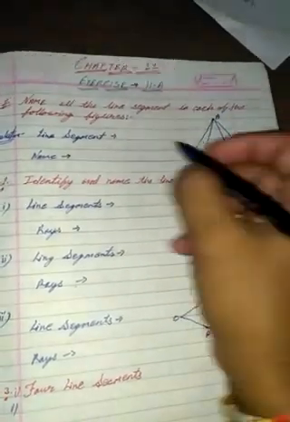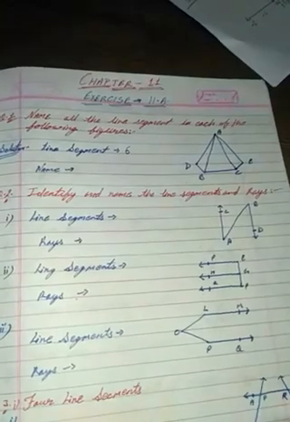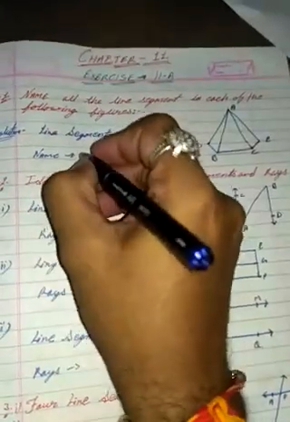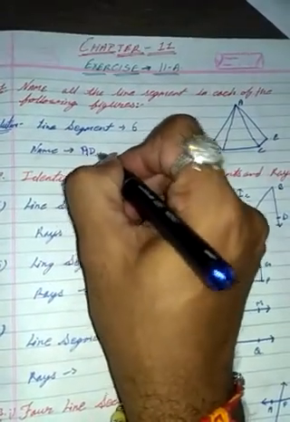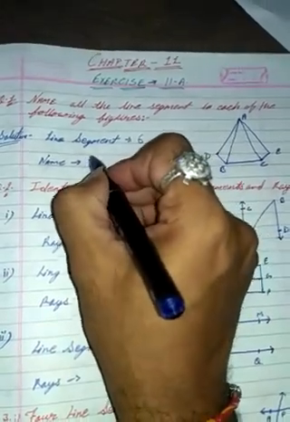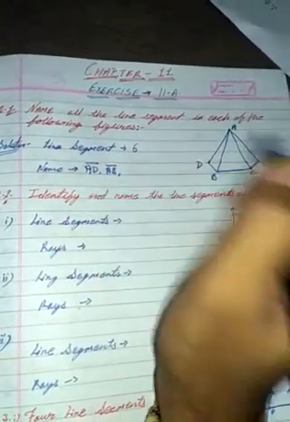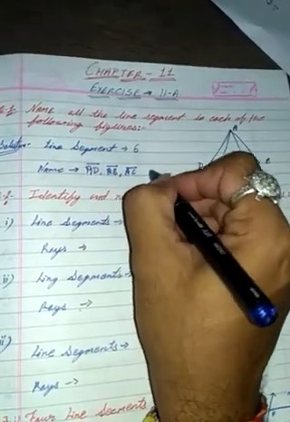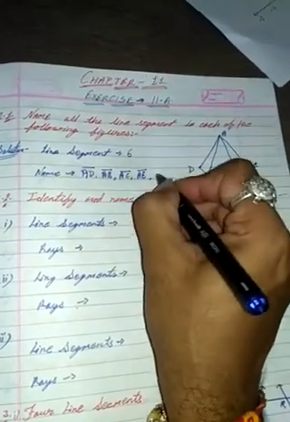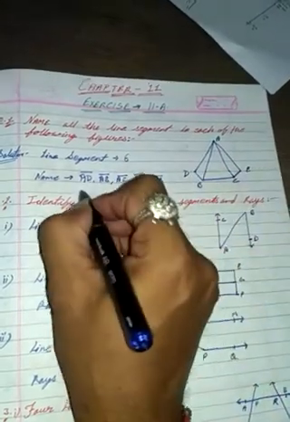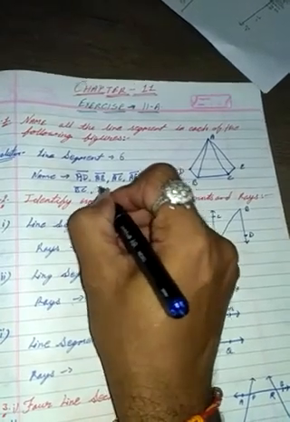Now the number of line segments, and the names of these line segments are: AD, then you put the symbol of line segment, then AB, then AC, then AE, then DB, then BC, then last is CE.